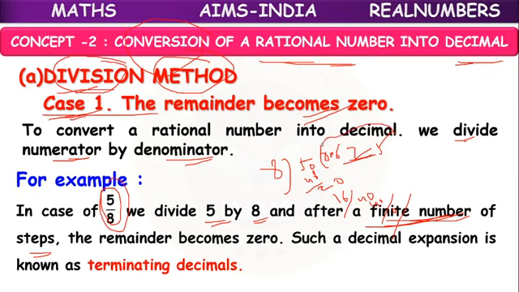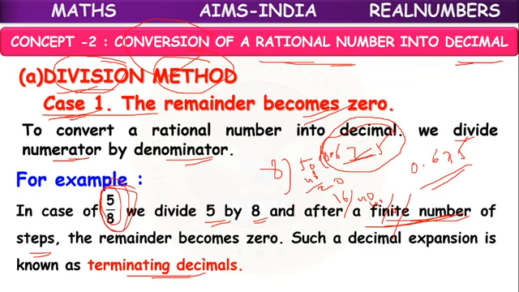So this decimal expansion, 0.625, which is equal to 5 by 8, is called a terminating decimal. Okay, that is case 1. The remainder becomes 0.